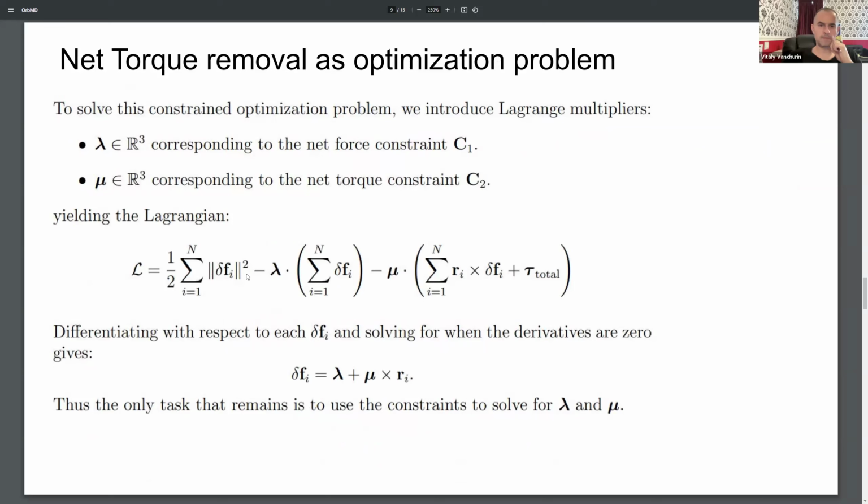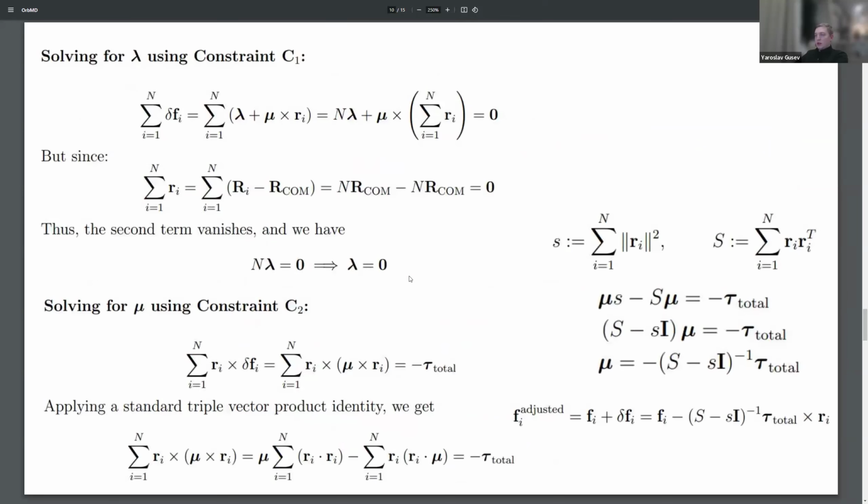They want to minimize the L2 norm of this perturbation, and one can solve it and obtain the result for how it should be constructed based on the total torque of the original forces and the positions of all particles with respect to the center of mass.